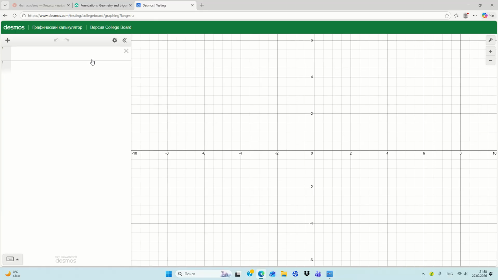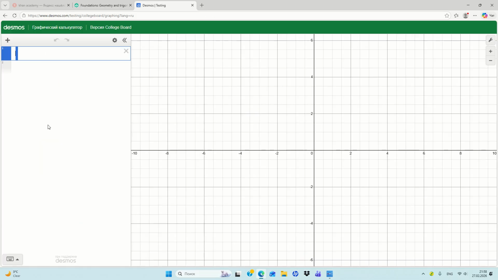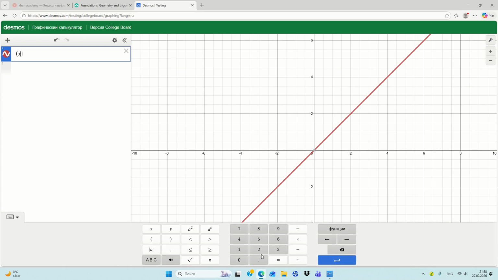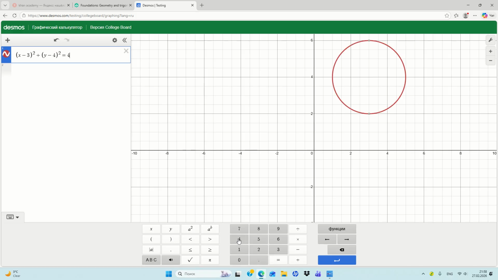Let's write the equation. (x minus 3) squared plus (y minus 4) squared equals 4.